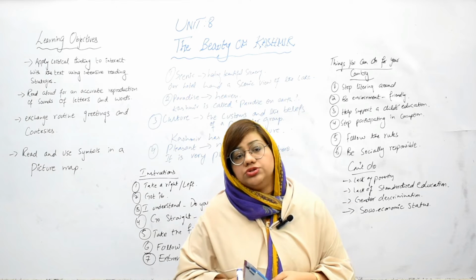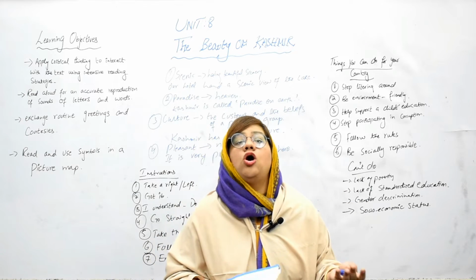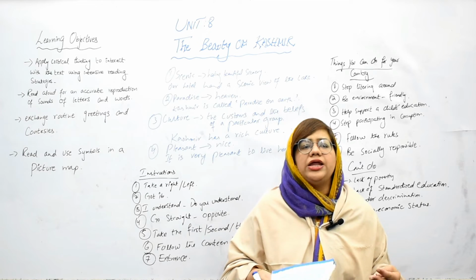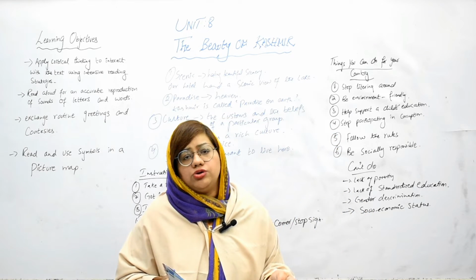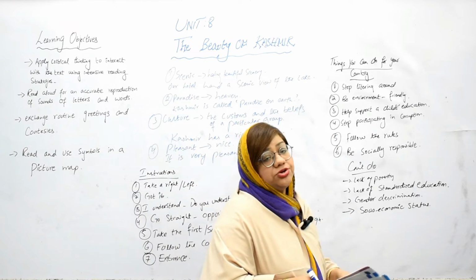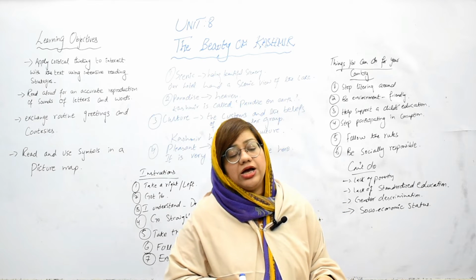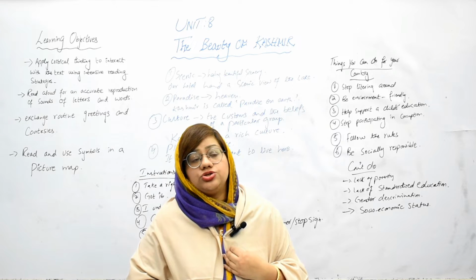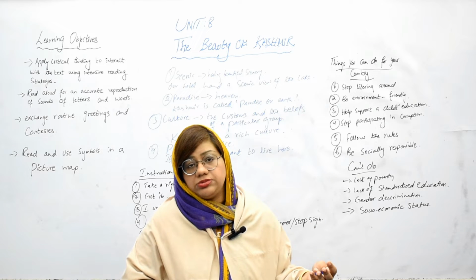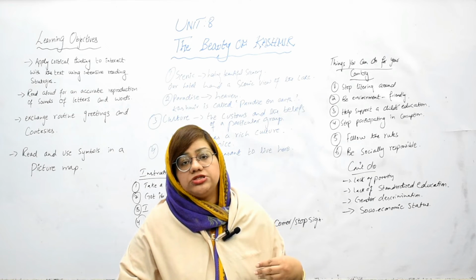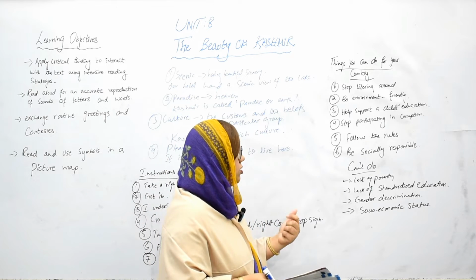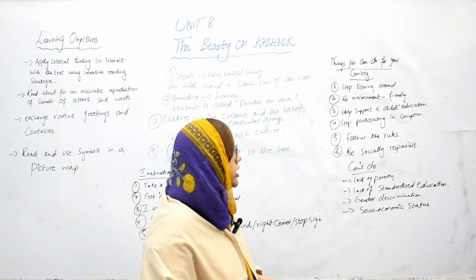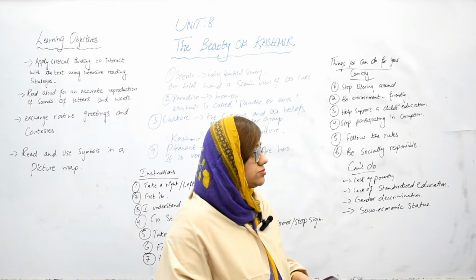Now follow the rules, the regulations, the norms developed by any society. So you need to follow that. Be socially responsible. For example, I have these kinds of responsibilities, so I have to be responsible for that act. So being socially responsible is obviously the role of a student that you can do for your country.